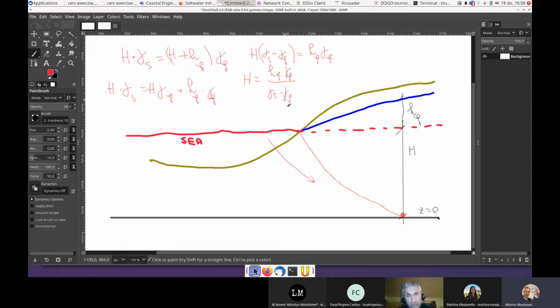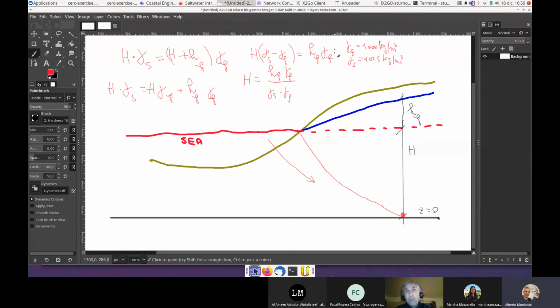Now let's give values to gamma f and gamma s. Gamma f is, as we know, 1000 kilograms per cubic meter. Gamma s, a typical value for average salinity, is 1025 kilograms per cubic meter. Good.